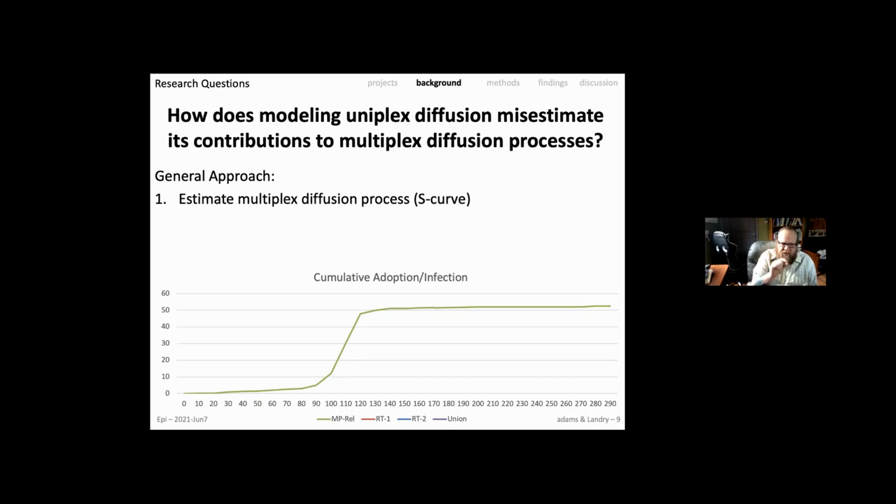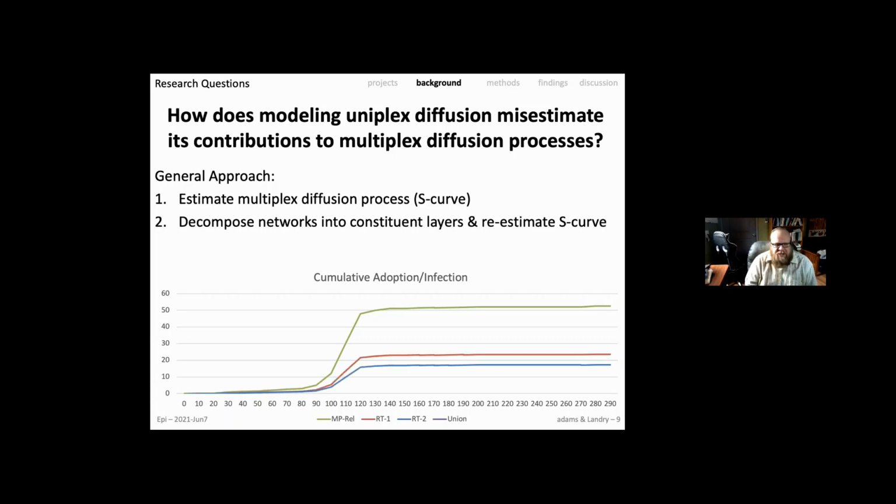We're going to do this first for the multiplex network, asking how rapidly something spreads through that multiplex network. Then we're going to decompose those networks into their constituent layers and re-estimate those S curves. You could think of the red and the blue lines here as essentially being relationship type 1 or relationship type 2. That can be like sex and needle sharing, or Twitter and Foursquare, which is what we're going to have later.